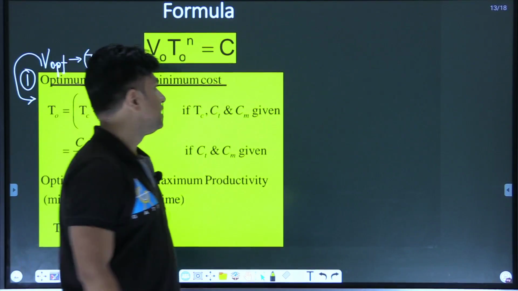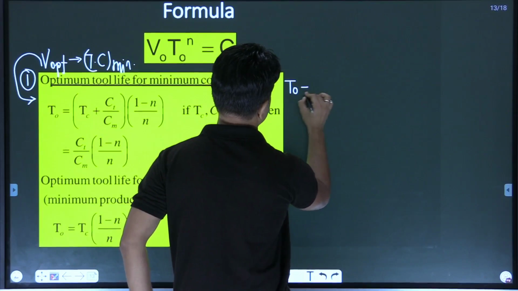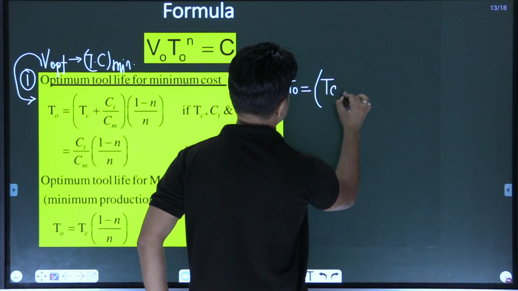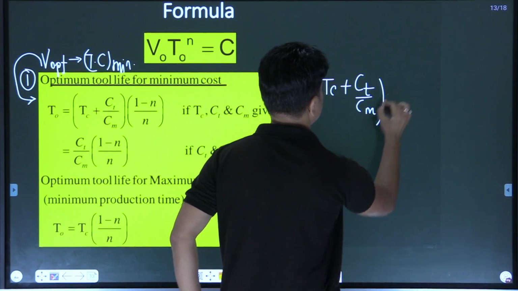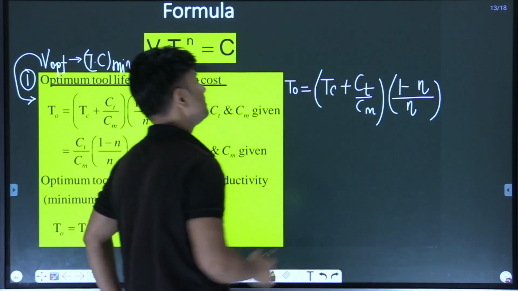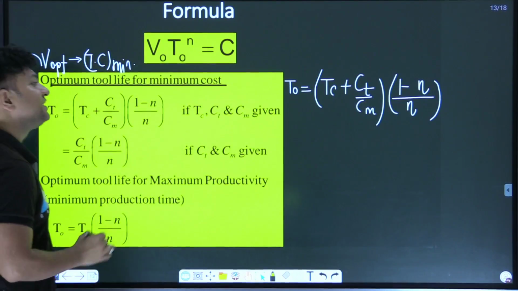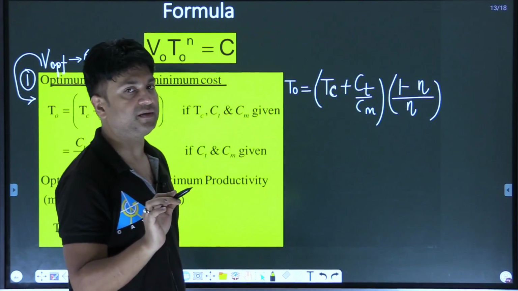I will write it again because it is not clearly visible to you: T naught equals (Tc plus Ct by Cm) into (1 minus n) divided by n. Now what is Tc? I will explain everything, don't worry.